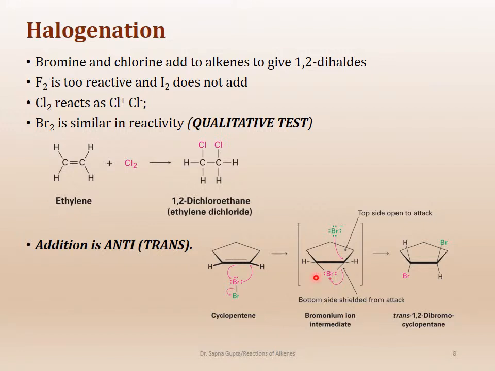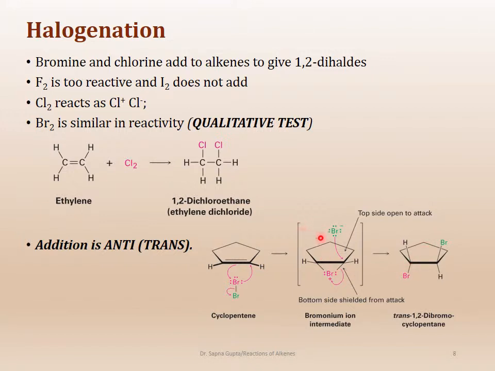And what happens is, because this is a three-membered ring, the other bromide that has to come will come from the other side of the ring. And when it comes from the other side of the ring, it will open from the opposite side, which means that the two bromines that are added on will actually be added onto opposite sides.